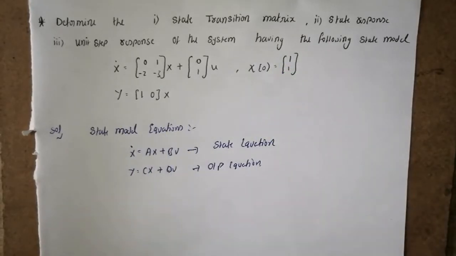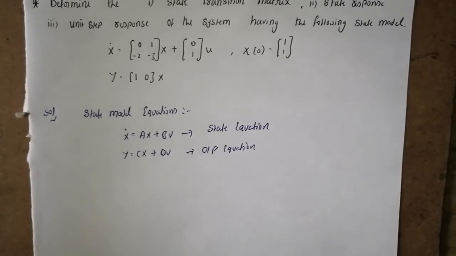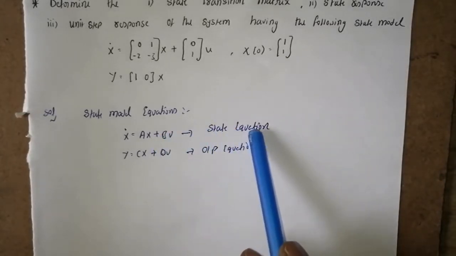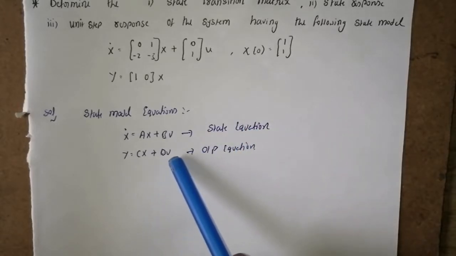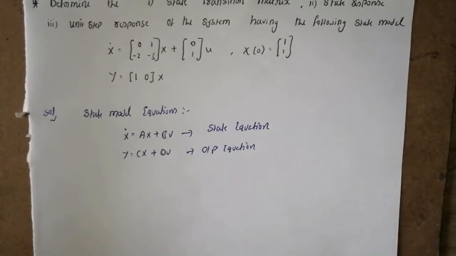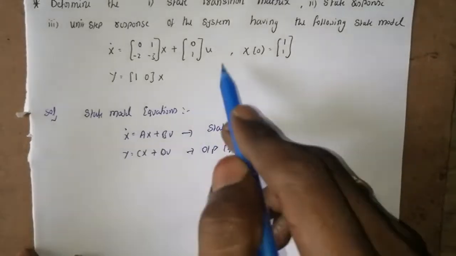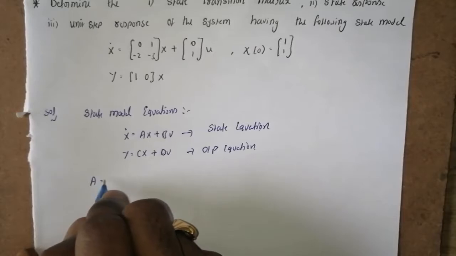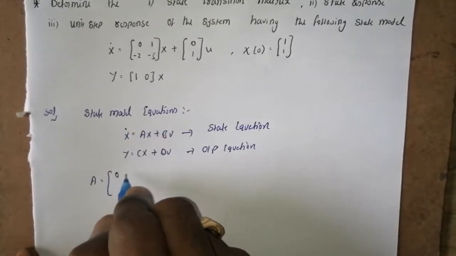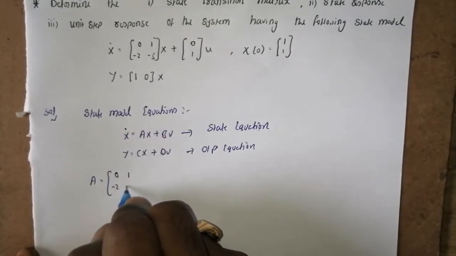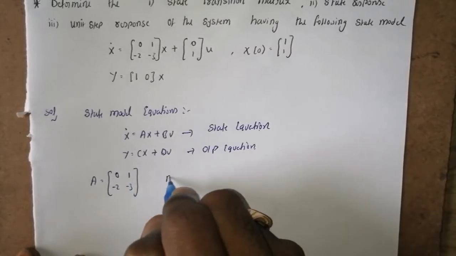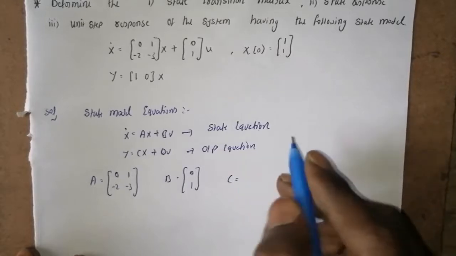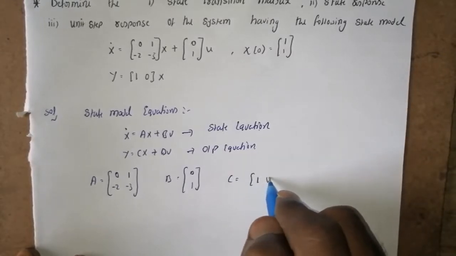Generally we know that the state model equations are given by x dot equals Ax plus Bu. This equation represents the state equation, and y equals Cx plus Du represents the output equation. When compared to these two, in the state equation the matrix A can be written as [0, 1; -2, -3], B is [0; 1], and C is [1, 0].